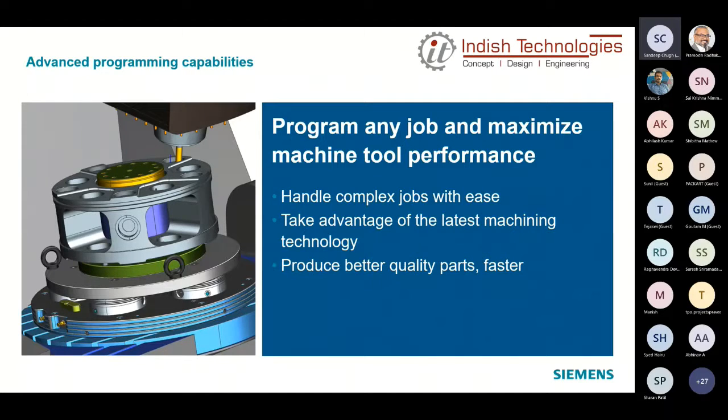You won't find your hands bound by anything to machine any part. NX CAM gives the flexibility to the designer, the freedom to design whatever way he thinks of. He does not have to have any constraints in the mind whether it will be machined or not.